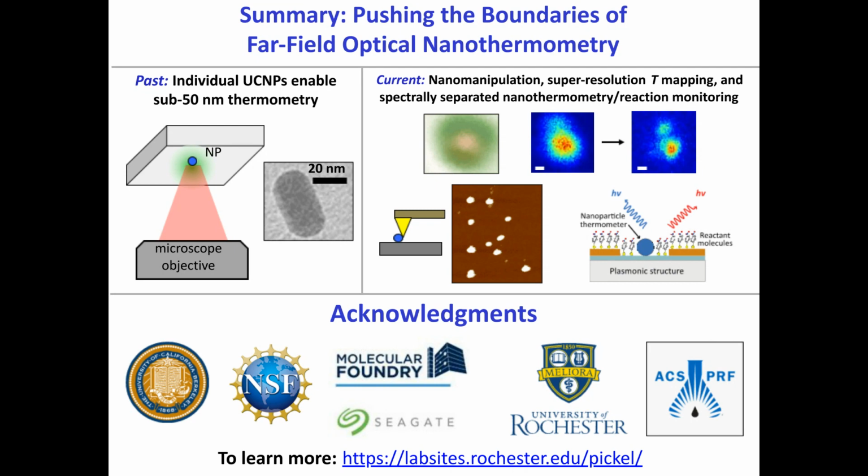In terms of broader implications, I think it's something to consider in the context of luminescence nanothermometry more broadly, which, as I mentioned a few minutes ago, a lot of people are using with many different materials, which is great. Certainly, I think it's a really powerful technique.